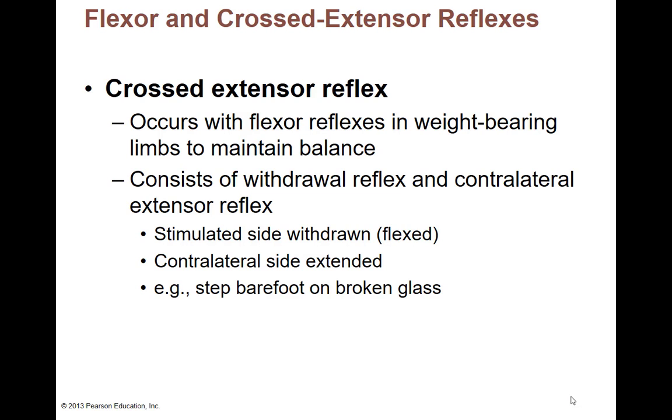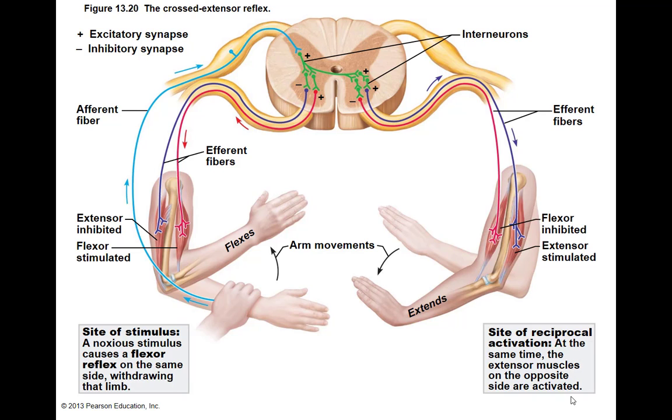If I step barefoot on glass, because I wasn't paying attention, what's that foot going to want to do? It's going to want to pull away from the pain. Now, the other leg has to support the weight. It will make sure it extends out. So one leg pulls away, you're flexing, and the other leg extends out to support the weight. This can happen with your arms too.